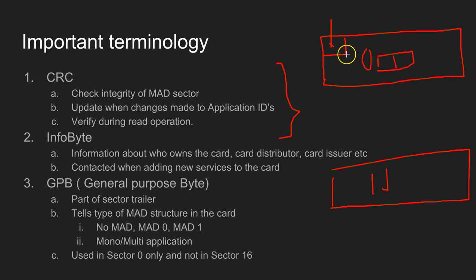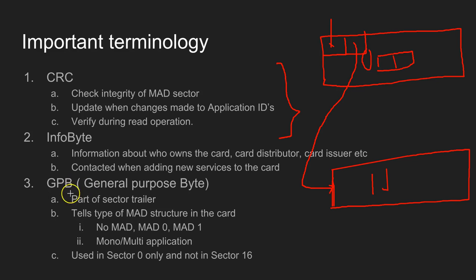The info byte, which is the second byte of the MAD sector, will give you the sector number where one can find the information about the card issuer. It could be the name of the company, the address or telephone number. This can be used by some service providers to contact, and this can be used for various other business purposes as well.